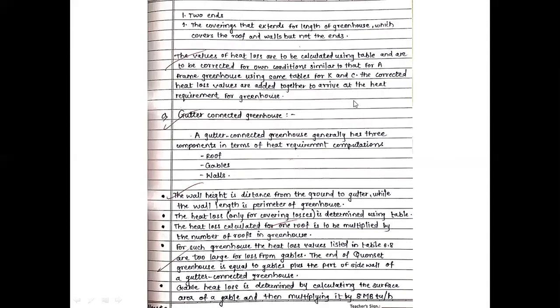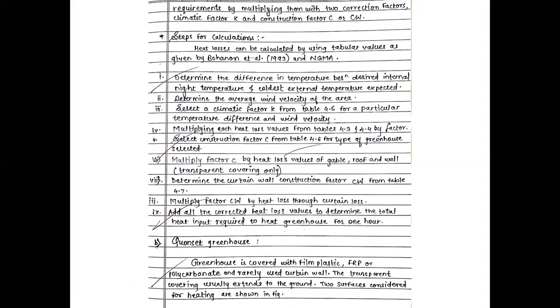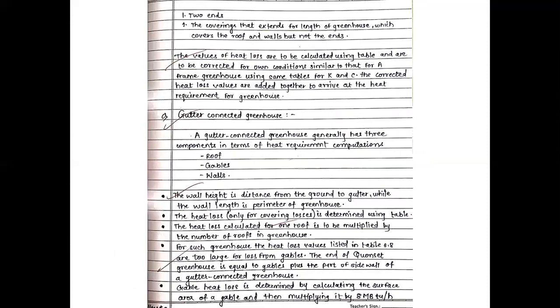Okay, so these two surfaces are considered for heating. Two ends, first is two ends, second is the covering that extends for length of greenhouse, which covers the roof and walls but not the ends.